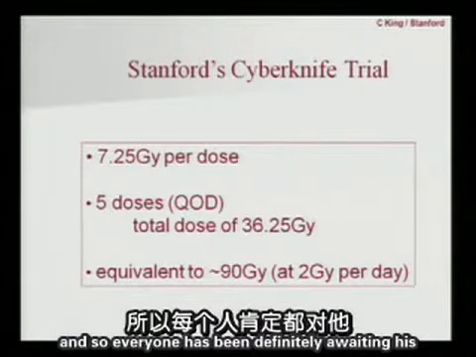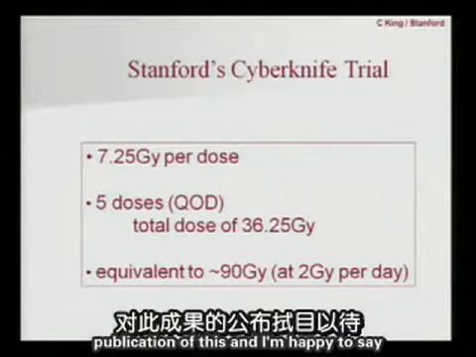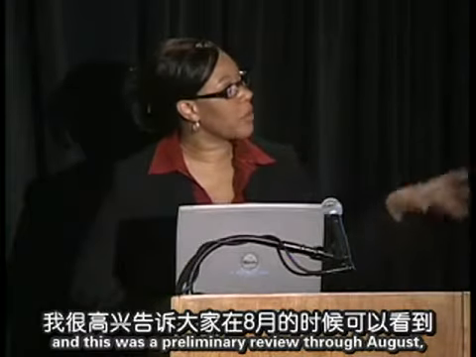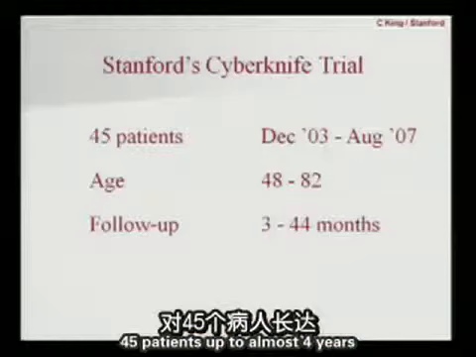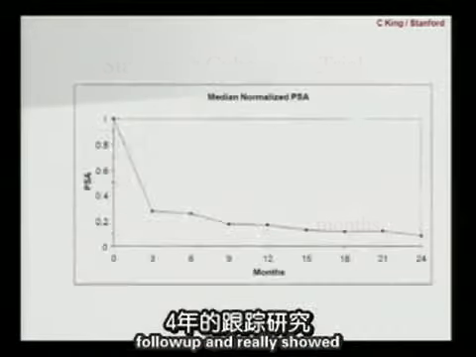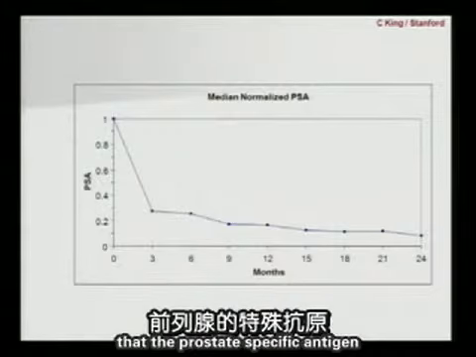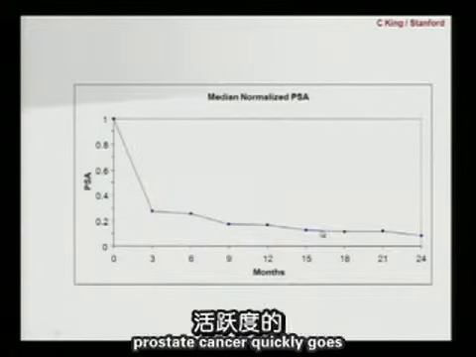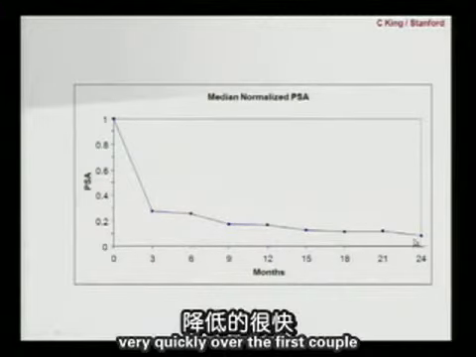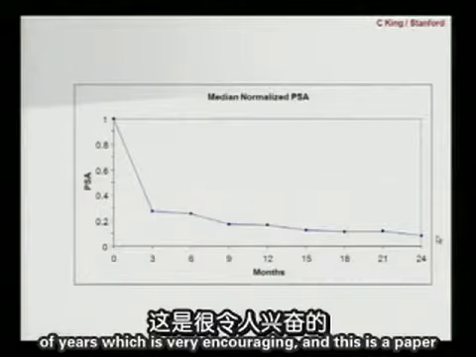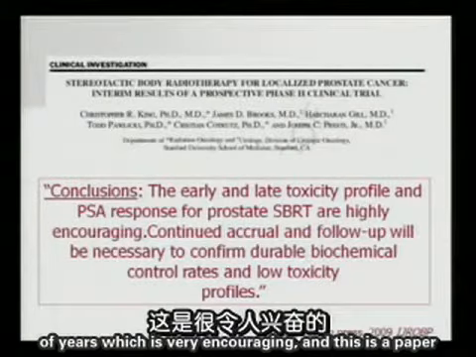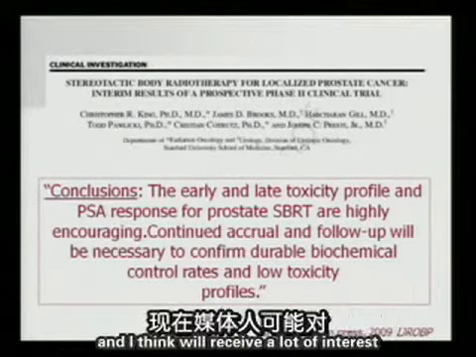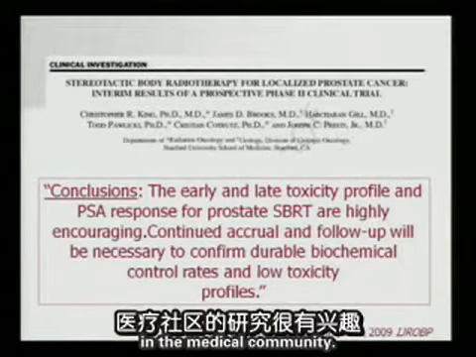Everyone has definitely been awaiting his publication of this, and I'm happy to say this was a preliminary review up through August, 45 patients, with up to almost 4 years of follow-up. It really showed that the prostate-specific antigen, which measures the activity of prostate cancer, quickly goes down and reaches its nadir very quickly over the first couple of years, which is very encouraging. This is a paper that everyone's been awaiting, currently in press, and I think it will receive a lot of interest in the medical community.